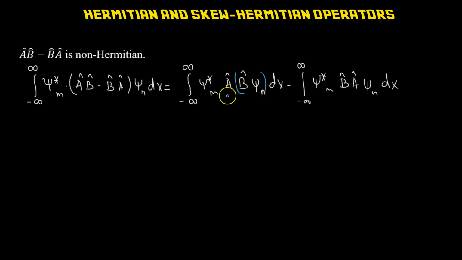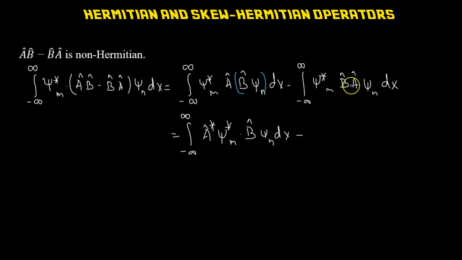So here we have the operator A operating on B psi n, so that means we can rewrite it as the integral from negative infinity to positive infinity. Instead of A operating on B psi n, we can write it as the conjugate of A operating on psi star m, it's the same thing, times B psi n dx.